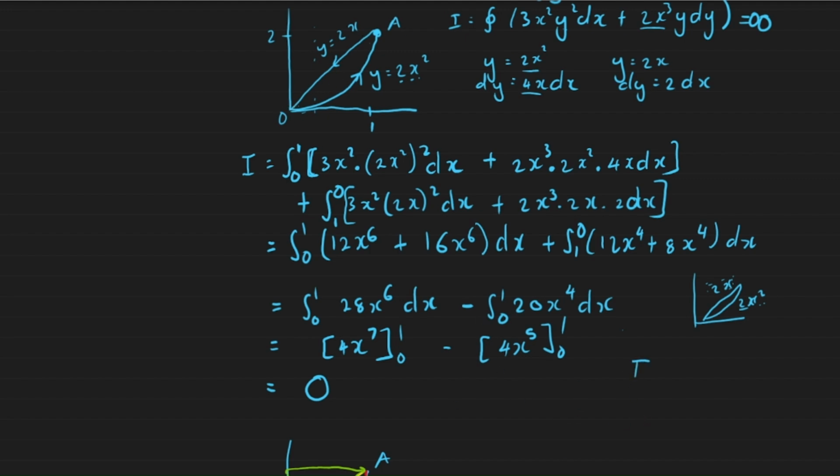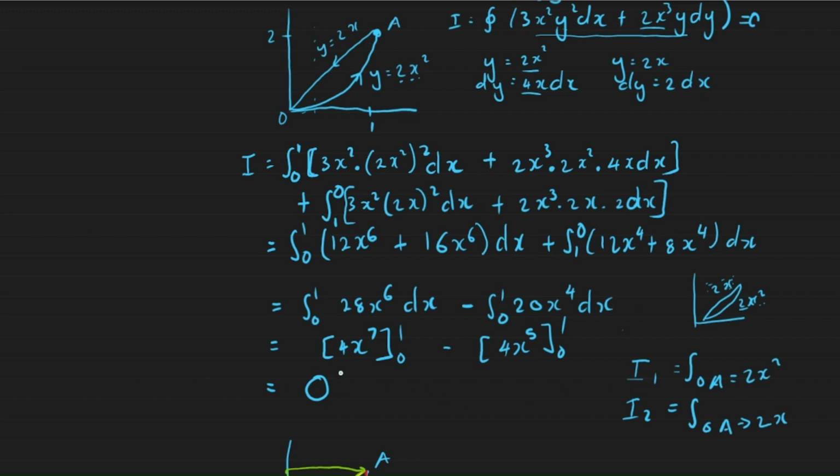So let's just say I1 is along the path O to A of this function. And let's just say I2 is the integral also from O to A of this other function along y is equal, OA is equal to 2x squared. It's not actually equal to, but we're just using it as an indicator to show what we mean.